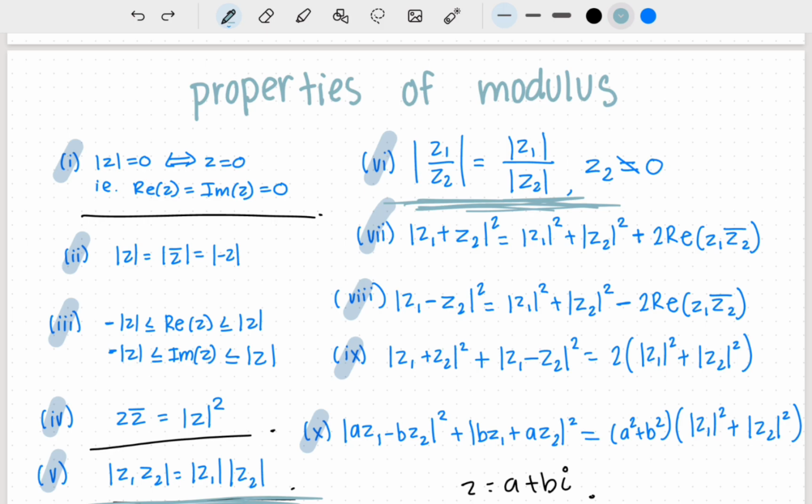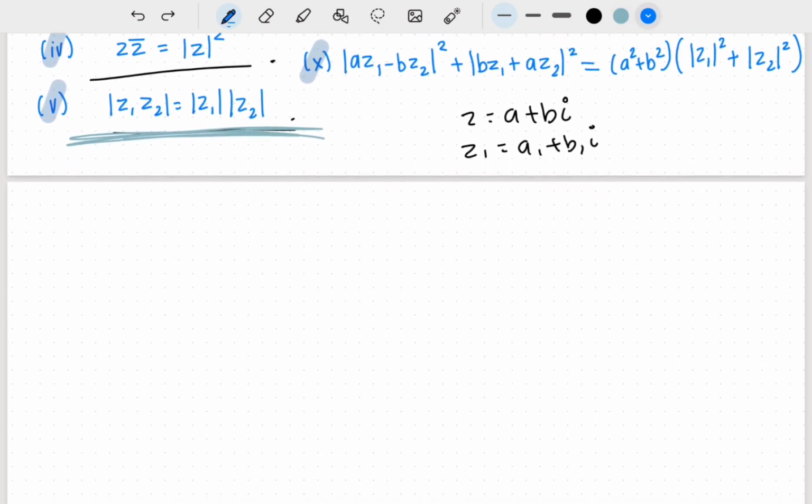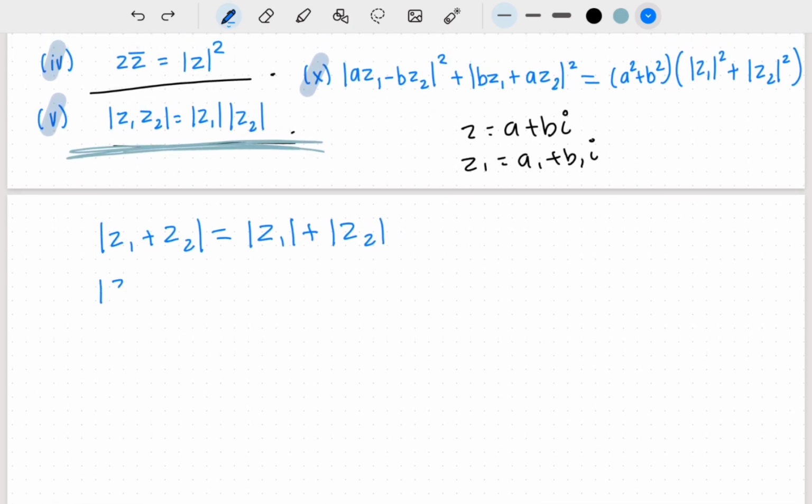And what you may have noticed is that you don't find any property labeled such as the modulus of z1 plus z2 is equal to the modulus of z1 plus the modulus of z2. Or you don't find any property that says the modulus of z1 minus z2 equals the modulus of z1 minus the modulus of z2.